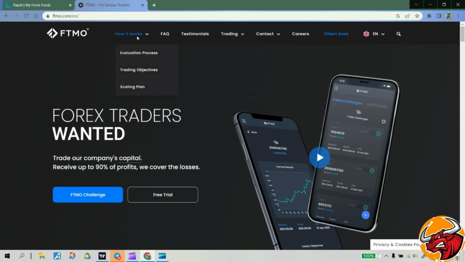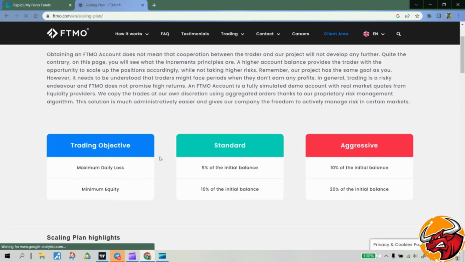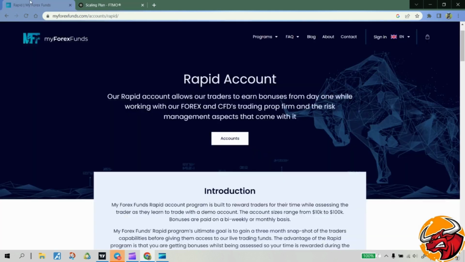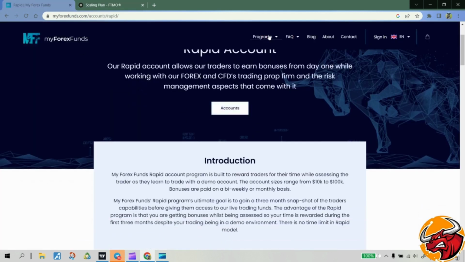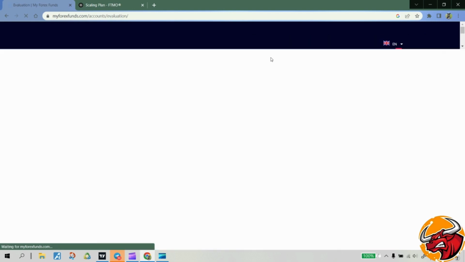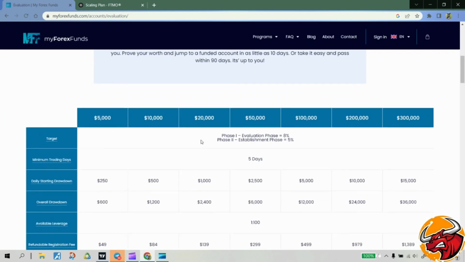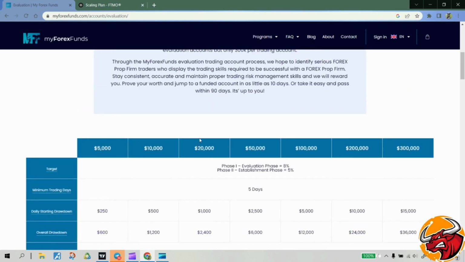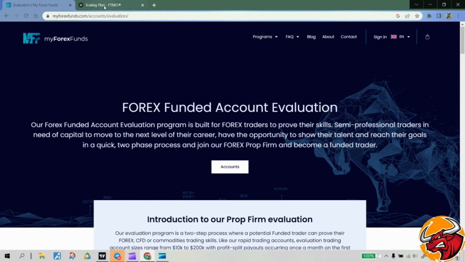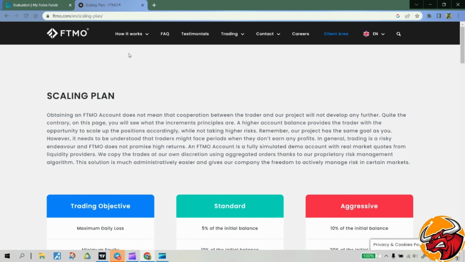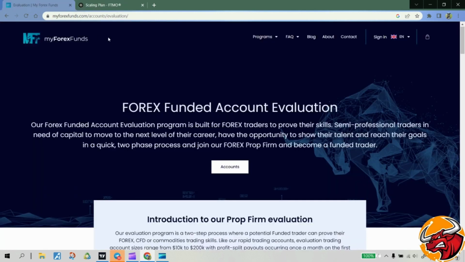On FTMO, you just go to scaling plan, and then you can see standard, aggressive, trading objective. And on My Forex Funds, you have programs: rapid, evaluated, accelerated. I suggest you choose this. Go and read by yourself, guys. I just suggest how you can get a big equity account and test yourself.